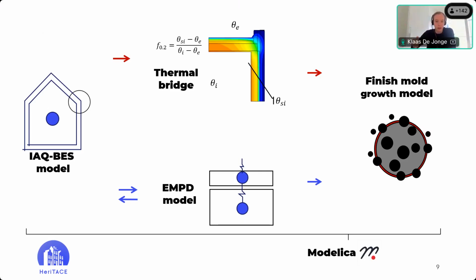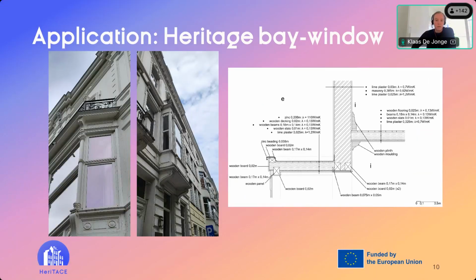To show you the workflow and how that's done, we did some initial experiments, and I'm going to show one of them, the Heritage bay window. It's the typical archetype we have: very thick brick walls, but then one light wooden structure extending outside of the building, with typically very thin walls and thermal bridges as a consequence.